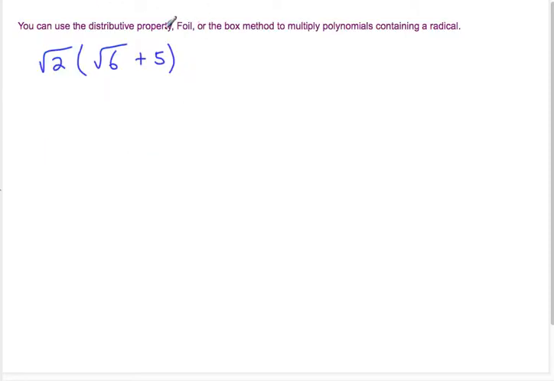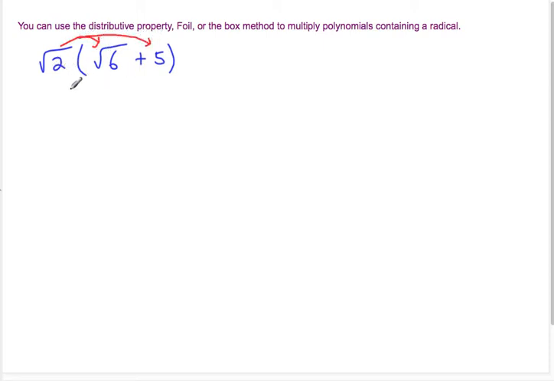So we can also use the distributive property, FOIL, or the box method to multiply polynomials containing a radical. So here we have root 2 being multiplied to what's in the parentheses here. So we can just multiply to each term in there.